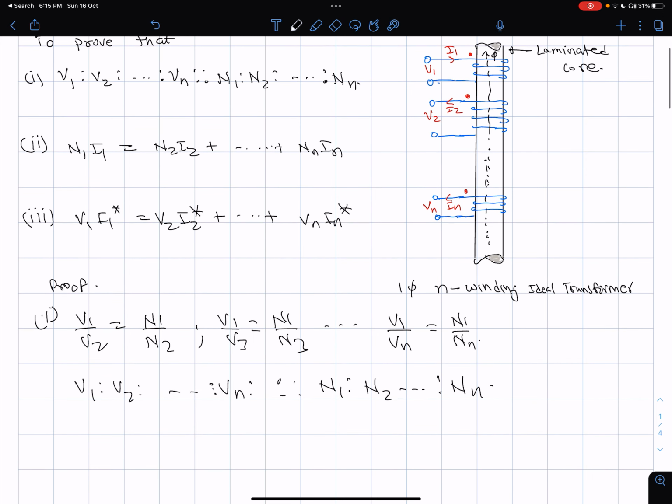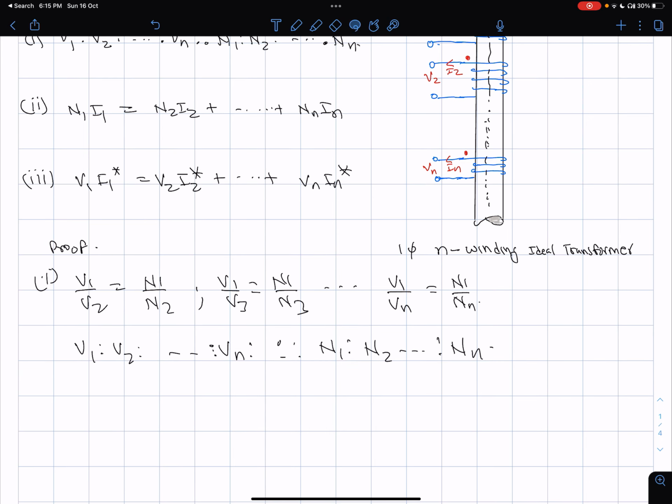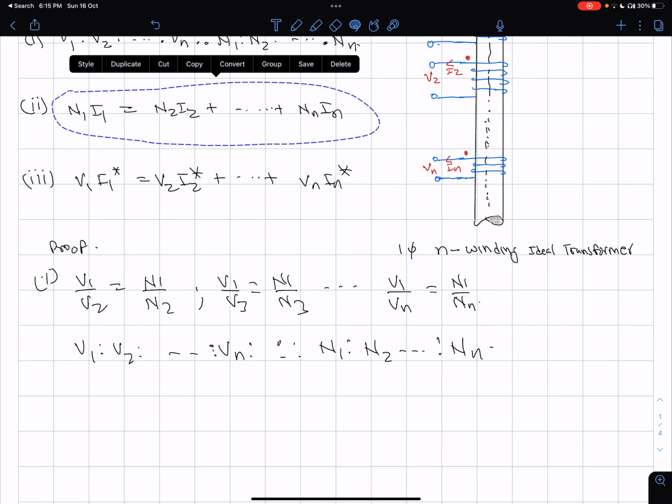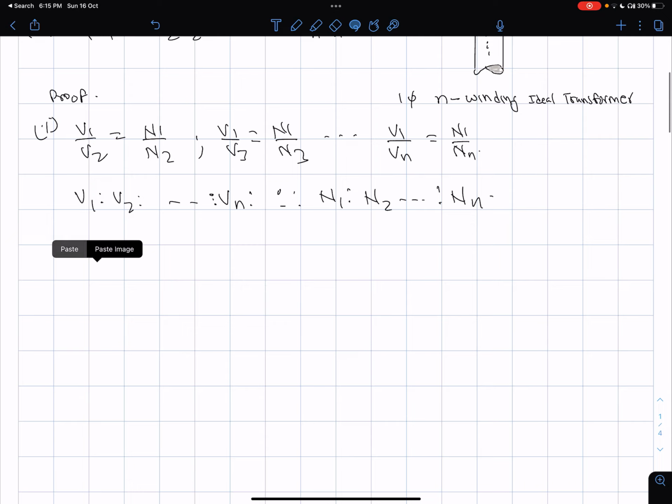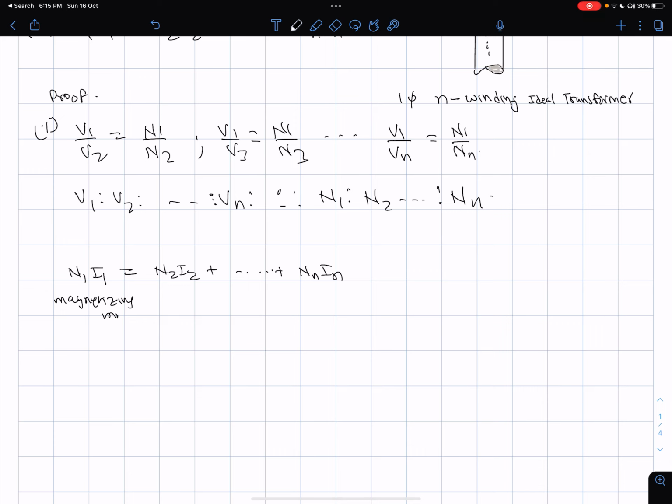Now let's look at the second requirement. The second requirement is basically the MMF balance equation. So what we are saying here is that this is the magnetizing MMF on the left hand side, which is coming from the source, and on the right hand side is the sum of demagnetizing MMF.